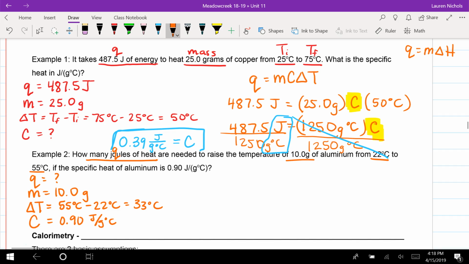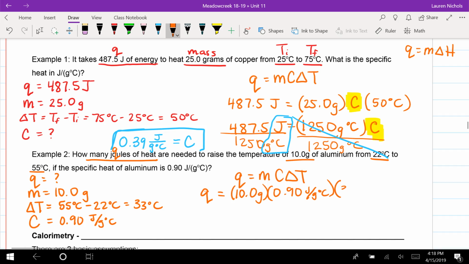So the very first thing we do is we write our formula now that we've labeled everything. So we write Q equals MC delta T, and we plug in the numbers that we have. We don't know Q, so I write it again. Our mass is 10.0 grams. Our specific heat is 0.90 joules per grams degrees Celsius.